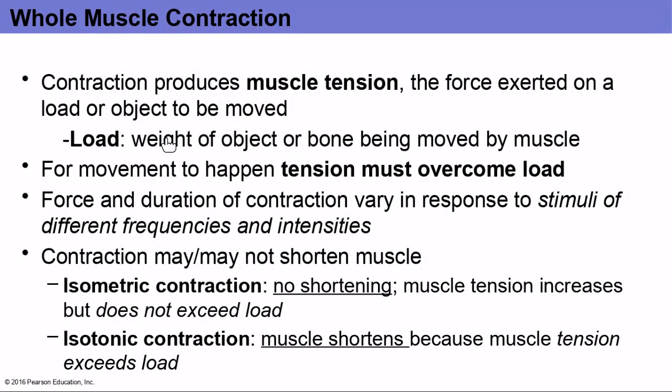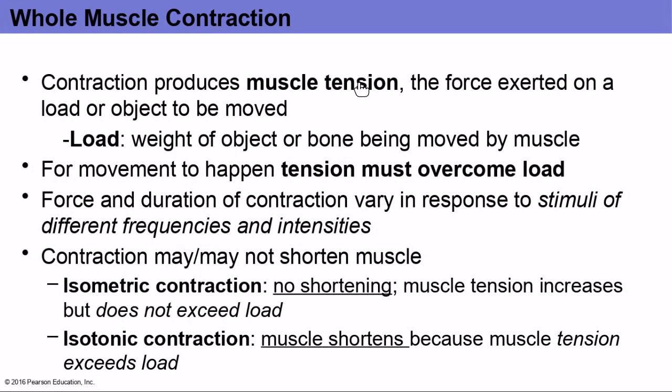Load is simply referring to the weight of an object and or the weight of the bone that's being moved by the muscle. Okay, so simply it's just the weight of whatever is being moved. The second term is tension. So tension refers to the force that is generated by the muscle in order to move the load.